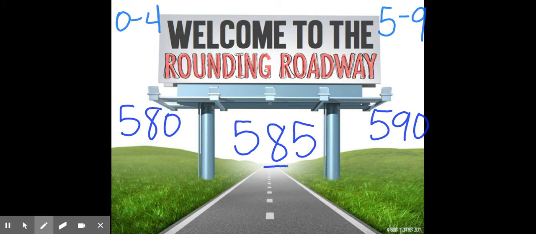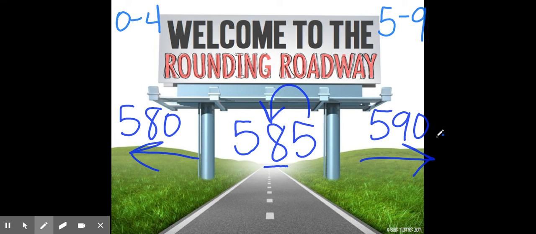We're looking to round to the nearest 10, and the neighbor to the right is always right and will tell us what to do. If the neighbor is 0 through 4, it will tell us to round down to the lesser 10. If the neighbor is 5 through 9, it will tell us to round up to the next 10. What number does 585 round to when we're looking at the nearest 10? 580 or 590?